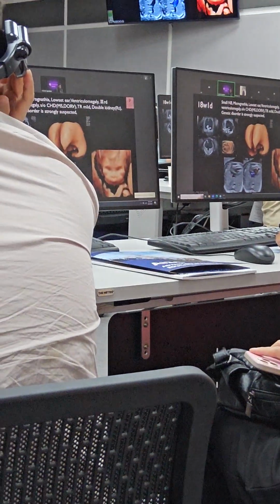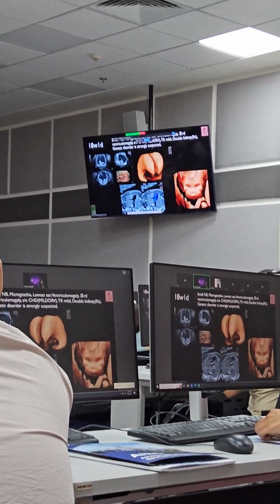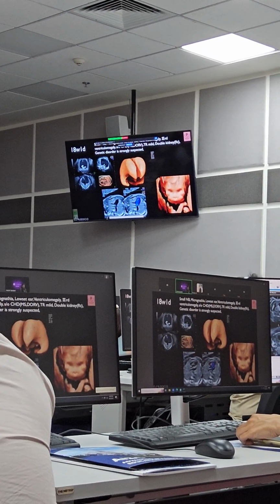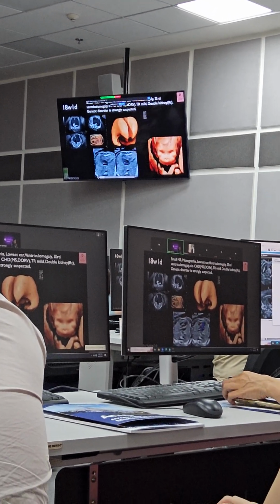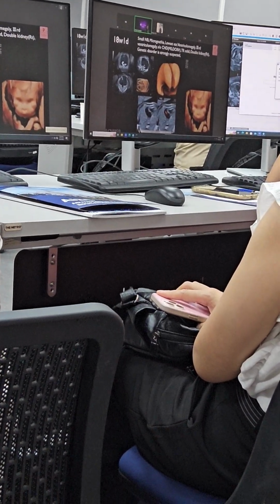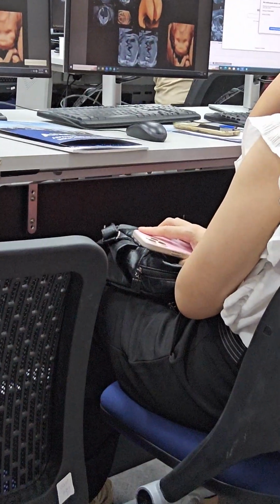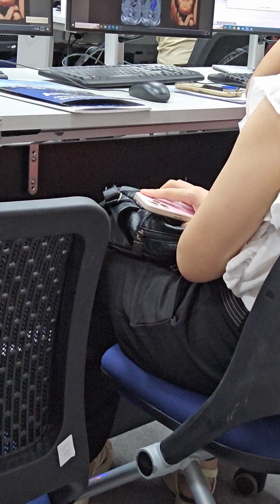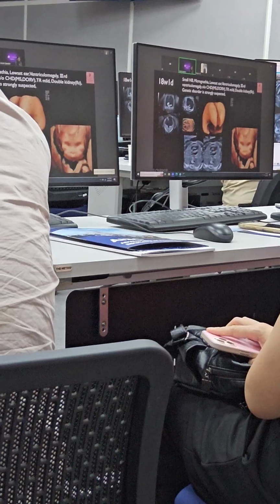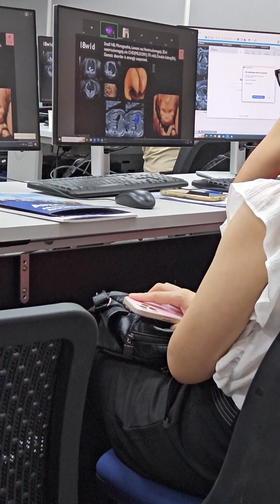Here you can see this is ventriculomegaly, and also there's congenital heart disease, most probably DORV plus mitral stenosis, and double kidney, and a genetic disorder was strongly suspected.